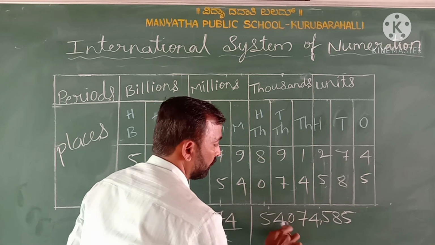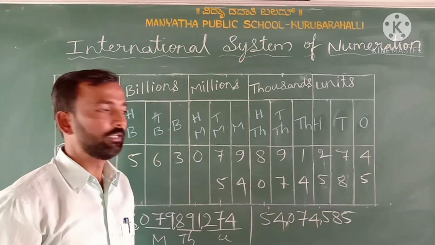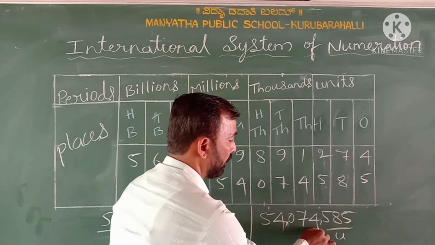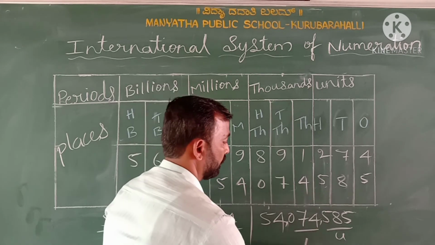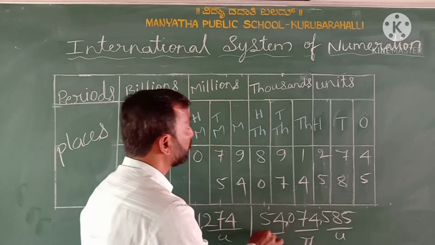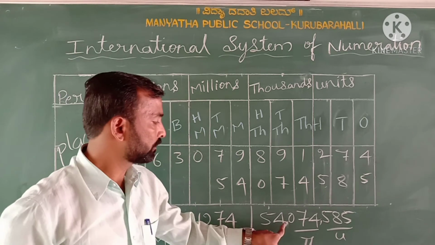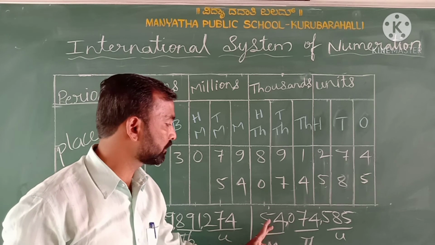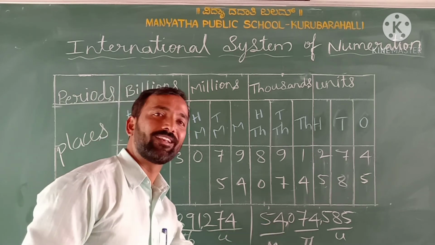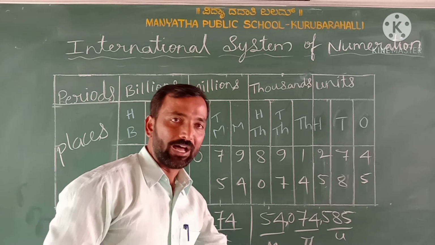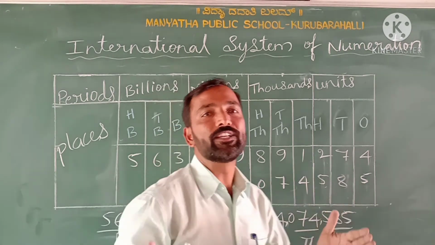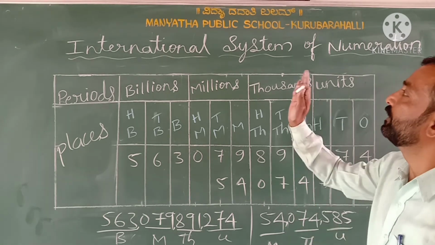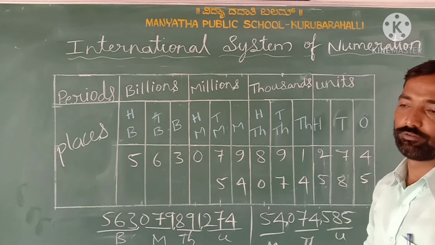The first period is units. The second period is thousand. The next period is million. Since just after the comma two digits are there, you read 54 million, 74,585. It is about the international system of numeration.